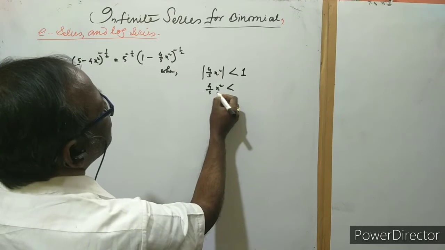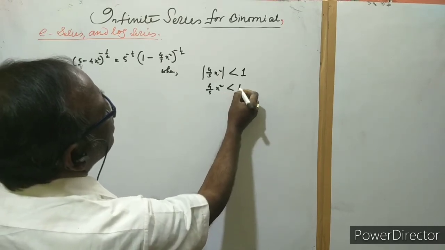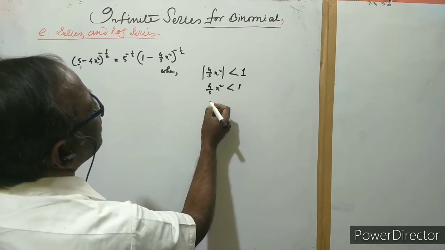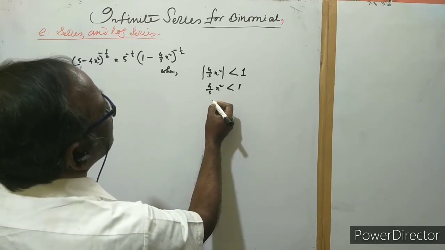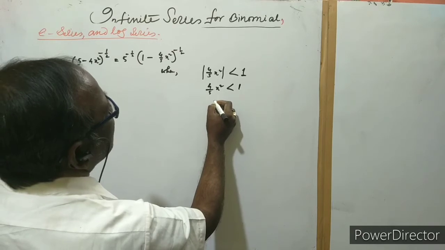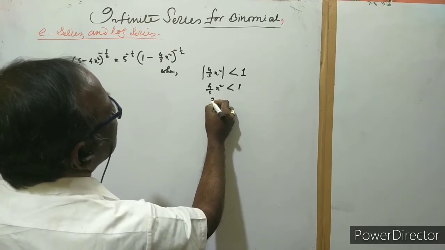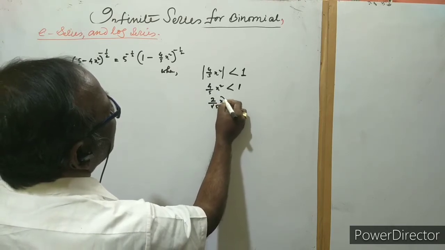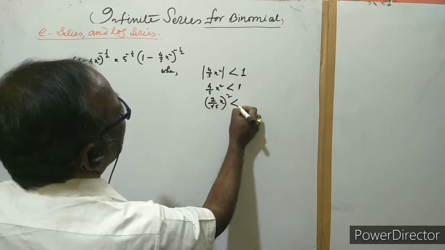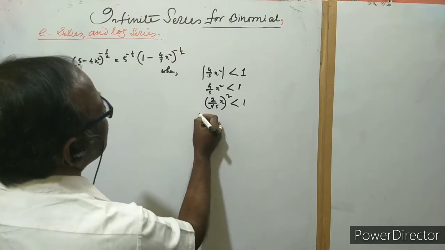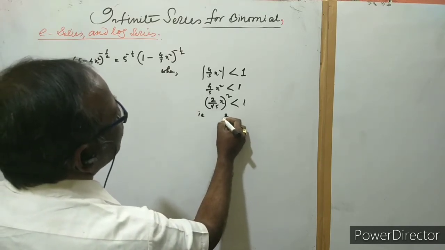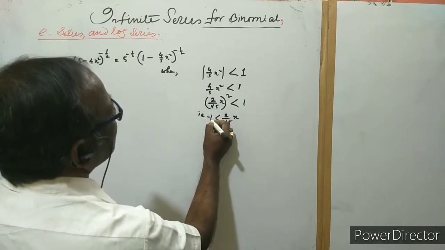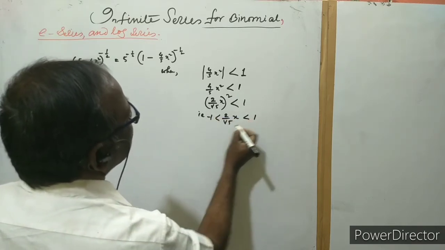So we can express it as 2 by root 5 x whole square less than 1, and that would be minus 1 to plus 1.